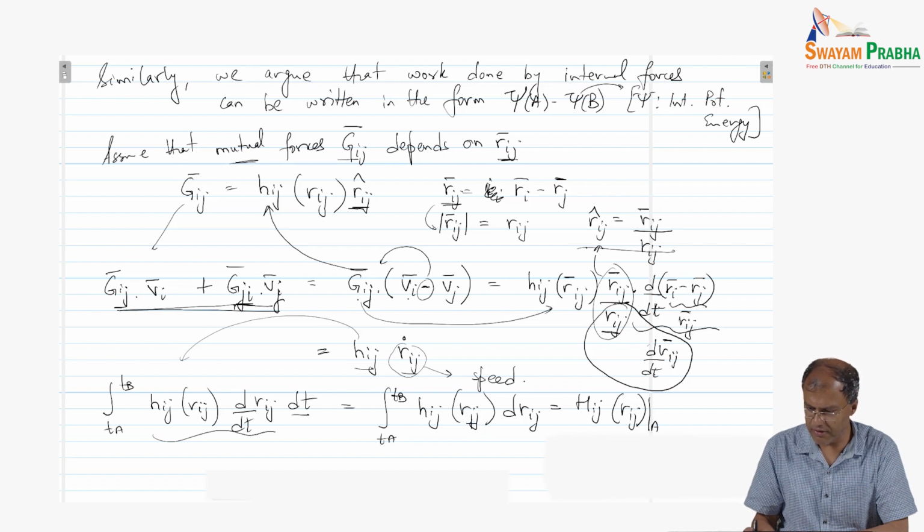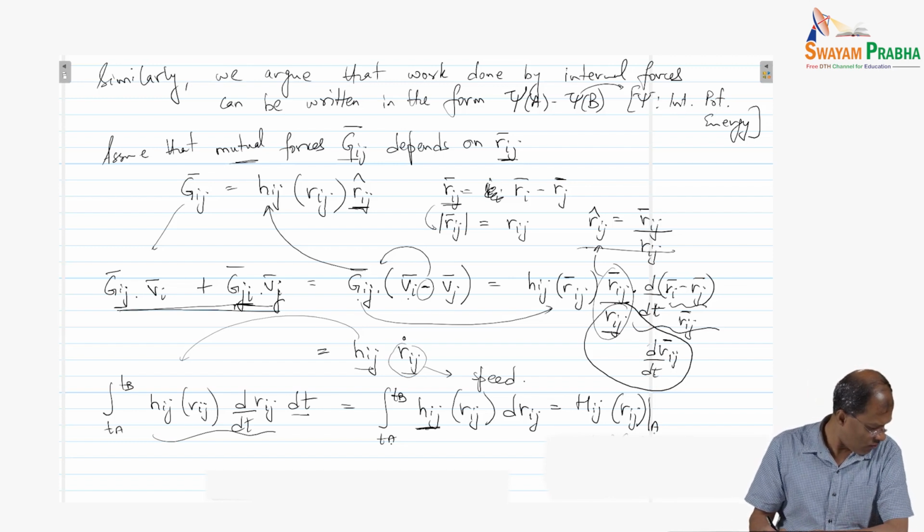Remember, somewhere we have put a minus sign. These are my forces, and we have a minus sign in the relation between forces and potential. So the integral will reverse the sign. So Hij at A minus Hij at B, right?